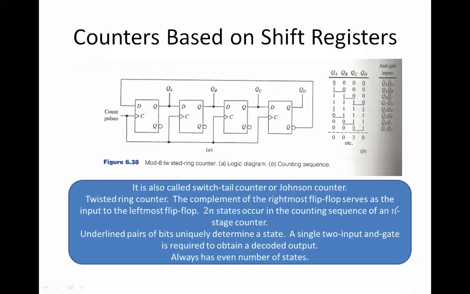What is the only difference? We take the final feedback. The output is taken from Q complement. Q bar is taken instead of Q, right? So that's why it's called twisted ring counter.